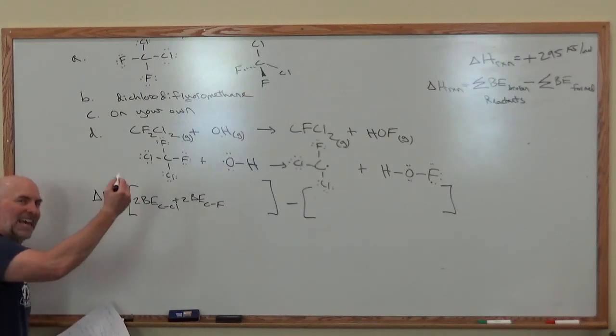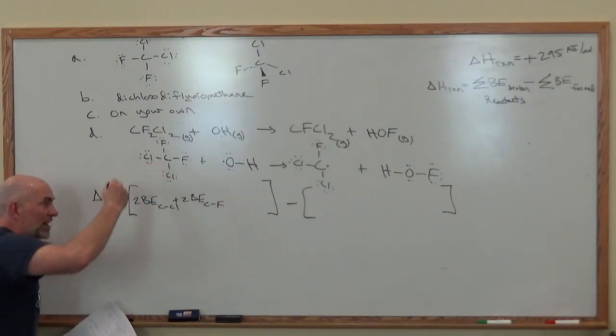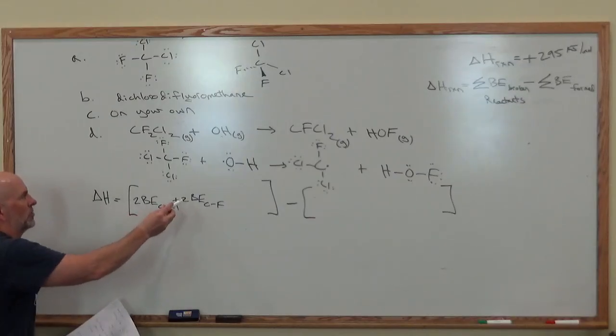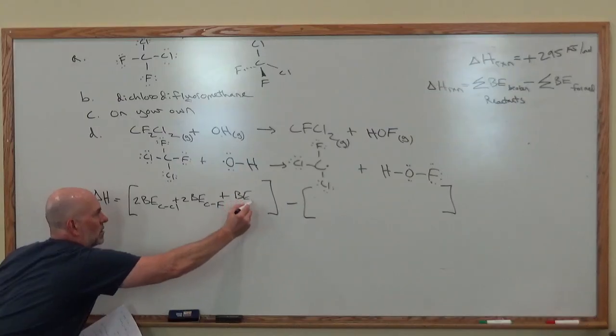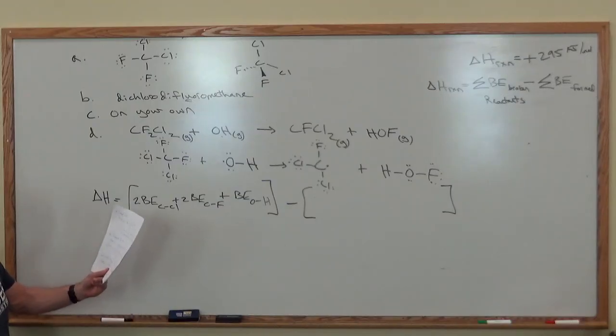So we're pretending, if you will, when we do this math, that we're breaking everything, but we're not. So 2 of those, plus 1 oxygen connected to hydrogen. I think that's right, yep.